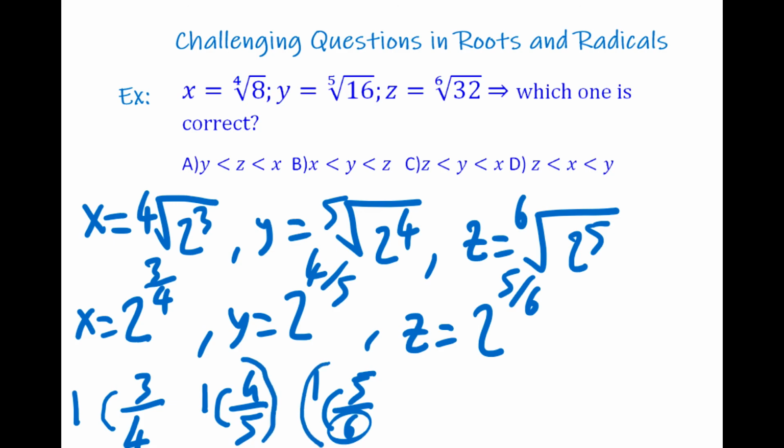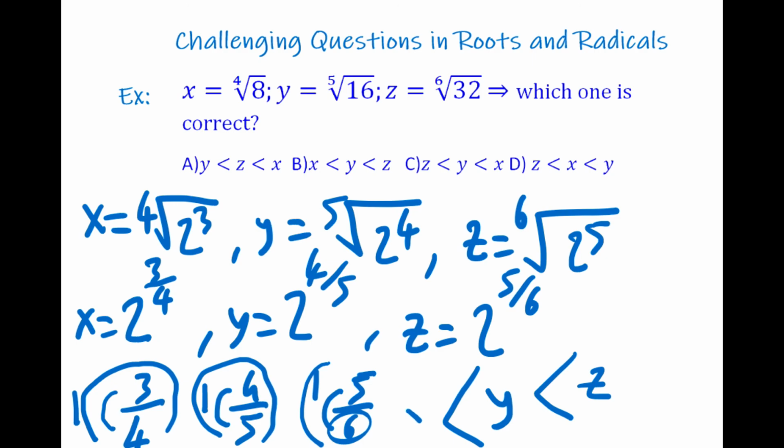That one is number 2 and that one is number 3, guys. It's that simple. So from this logic, z is going to be the biggest one, the middle one is y, and the smaller one is x, guys, which gives us the answer as b.